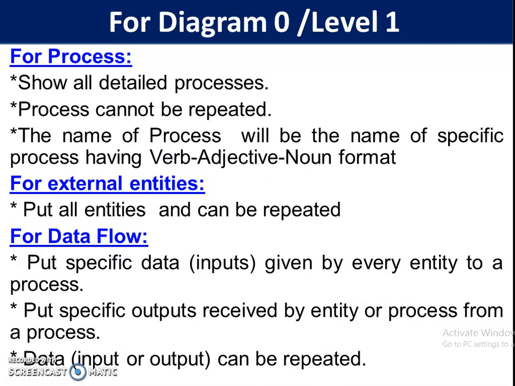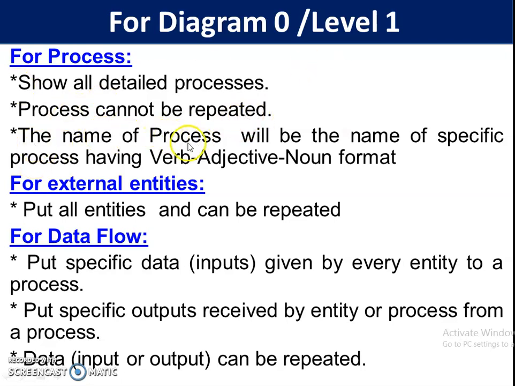Now for level 1, take note that this will show the detailed processes. So it has to begin with 1, 2, depending on how many processes the scenario consists of. Since each process is uniquely identified with numbers, processes cannot be repeated.